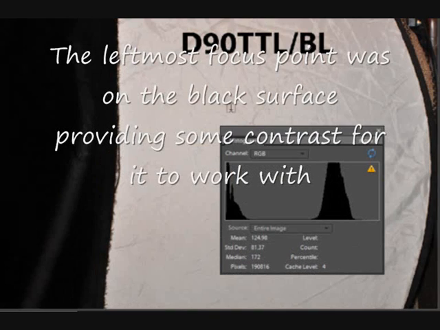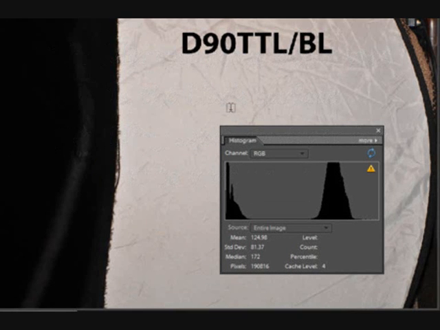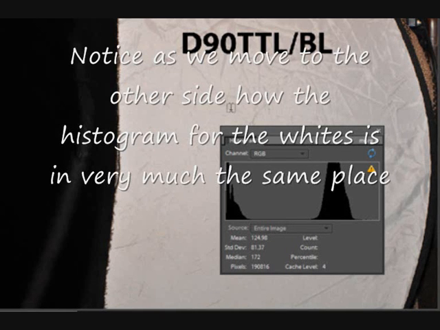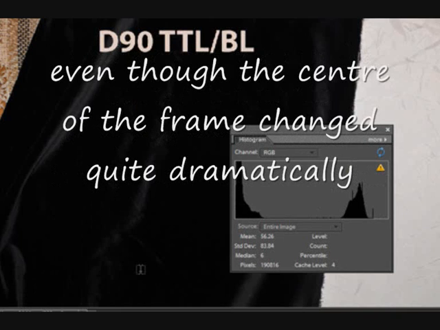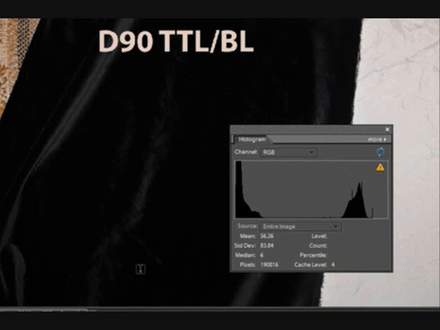TTLBL, on the other hand, seems to use the matrix metering pattern under the focus point diamond, which matrix metering seems to expose very strongly for, and it doesn't get affected so much by the size of the object as the fact that as long as there's a bright enough object under any of the areas in the focus point diamond, it can select that area and meter for it and back off the flash accordingly.